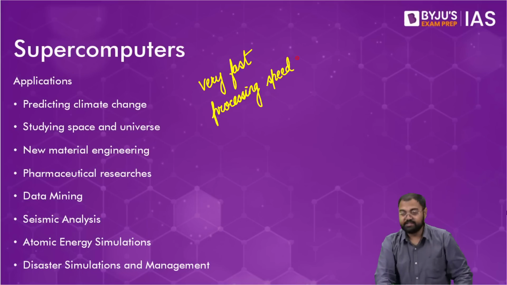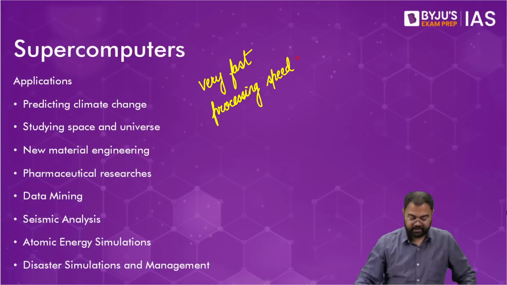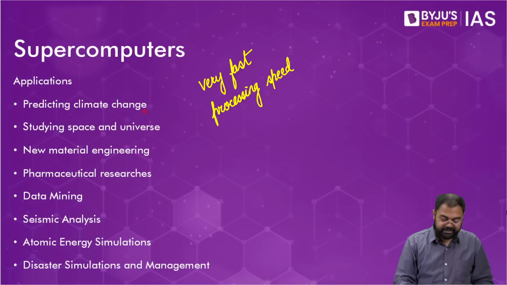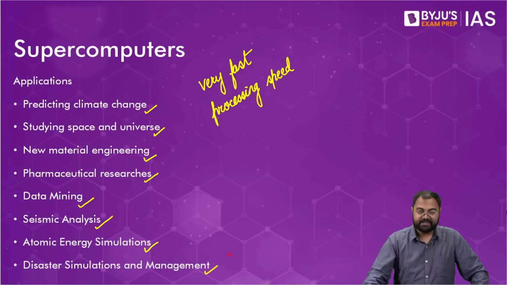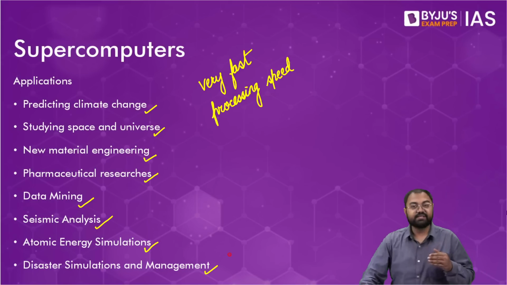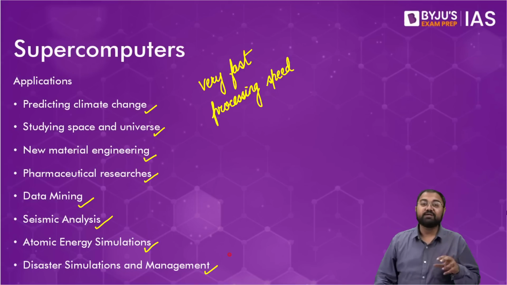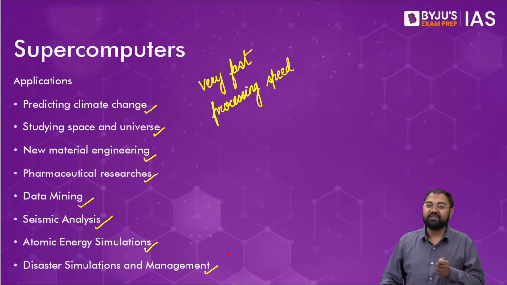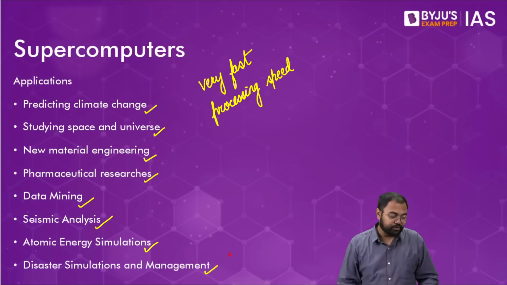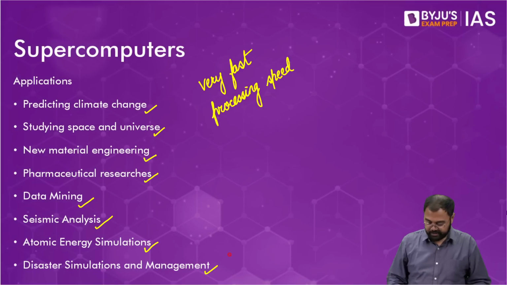We can construct or create supercomputers for anything like that. So that's why climate change studies, studying space and universe, material engineering, pharmaceutical research, data mining, seismic analysis, atomic energy simulations, disaster simulations and management, in all these cases we basically need a lot of data to be processed very quickly, and that is what a supercomputer will enable. And that is where we see that supercomputers become extremely useful in all these cases where we need fast data processing.